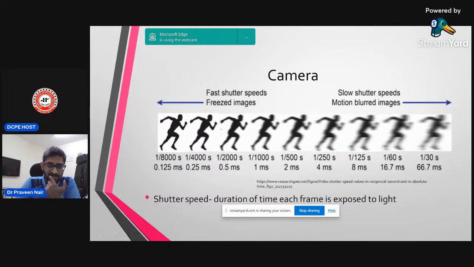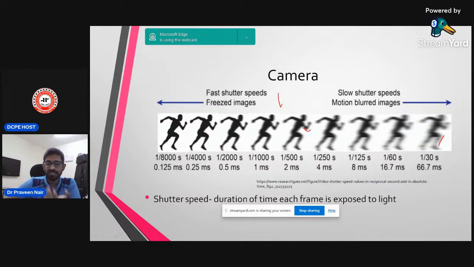That means the amount of time for which the camera is open to allow the light. Faster shutter speed provides sharp images, and slower shutter speed provides motion blurred images. You can see the smudge around this image.